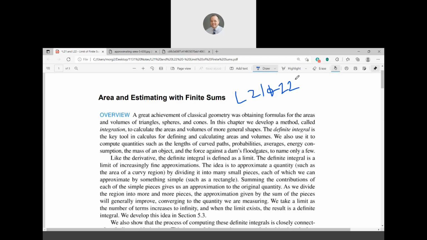Basically, if you have a curve that goes from A to B, what I just read to you is that you can draw many rectangles, find the area of each rectangle, and sum them up together. This is the Greek letter sigma for sum. That's one way that you can approximate the area under your curve.